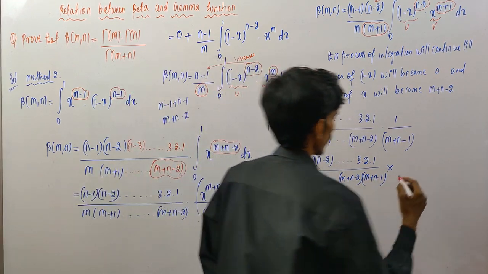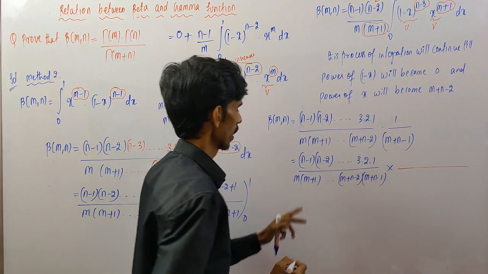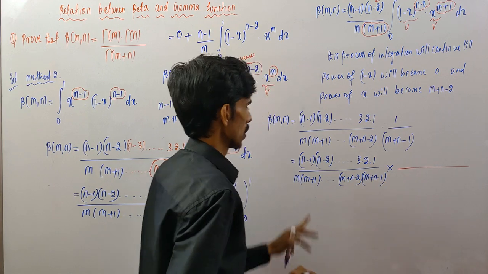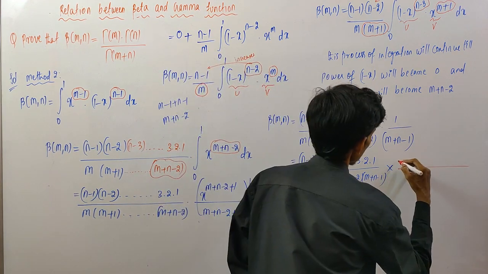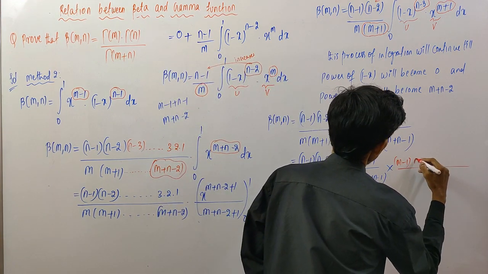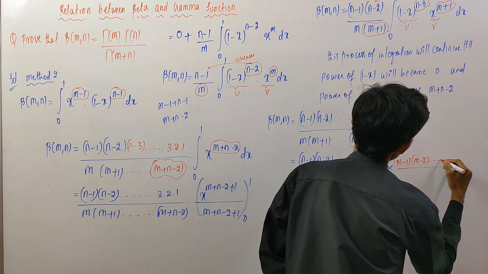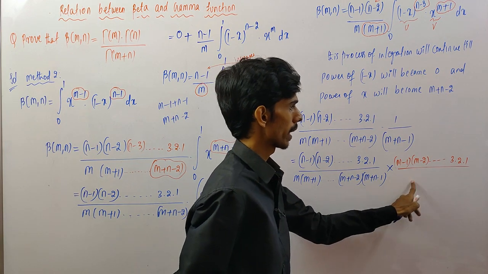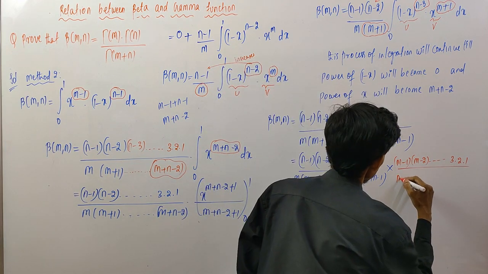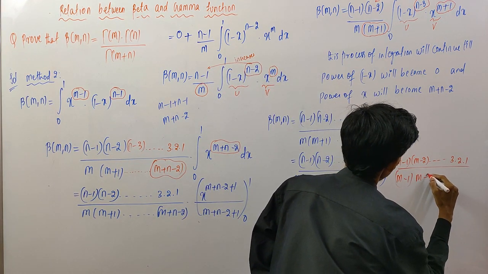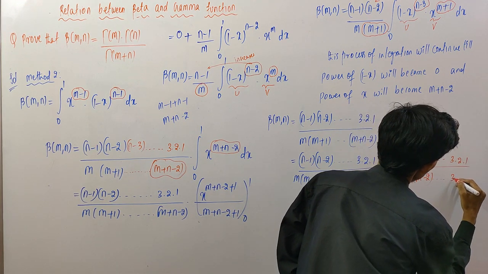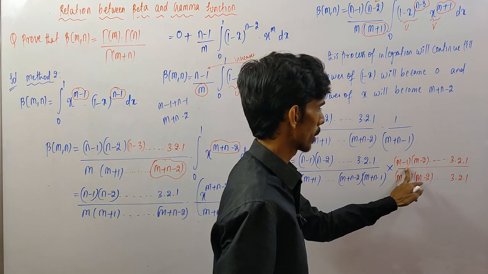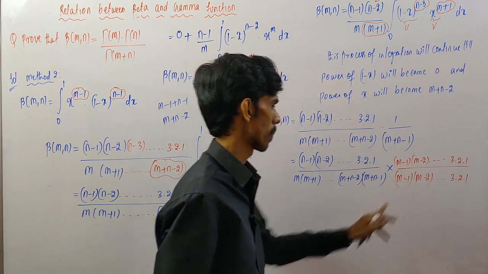Now we will multiply here. Here we have n minus 1, n minus 2 up to so on 3 to 1. So in place of n, write down m minus 1, m minus 2 and so on 3 to 1. Now multiply and divide by this term, that is m minus 1, m minus 2, 3 to 1. Here what we are doing, we are multiplying and dividing by this term.